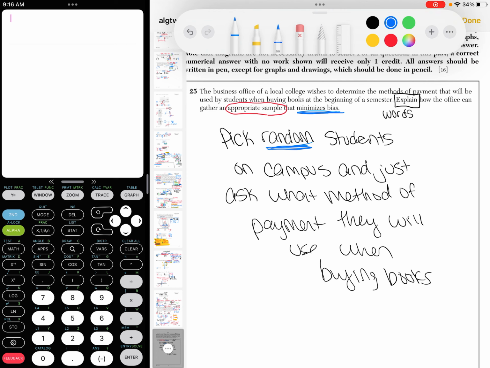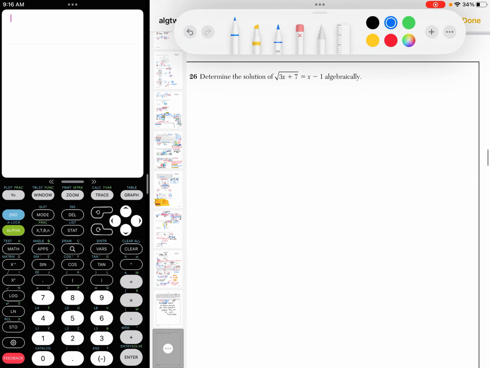You don't want to just ask the students in the library. You don't want to just ask the people in their first year of college. You want to be as broad and random and spread out as possible. Okay, so that word random was huge. So make sure in your explanation you do have that word random to show that you are getting a good sample and minimizing bias.